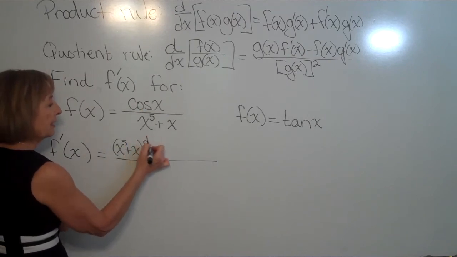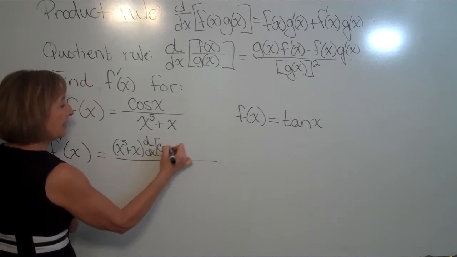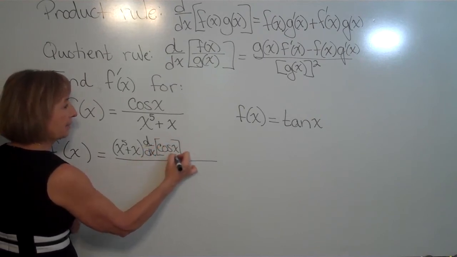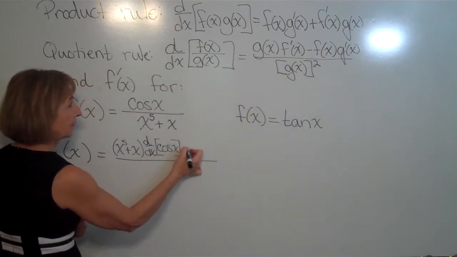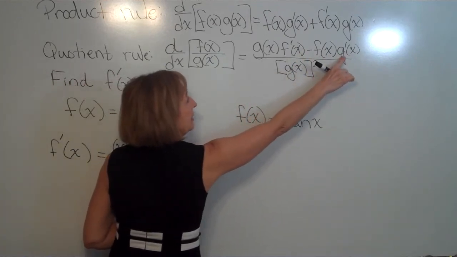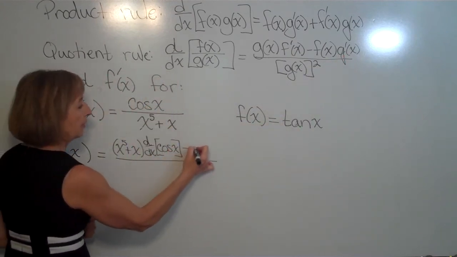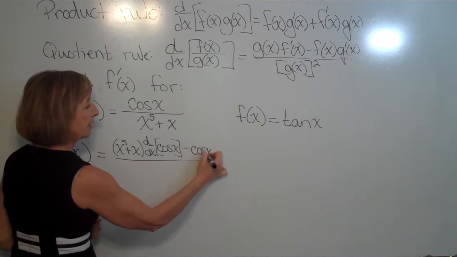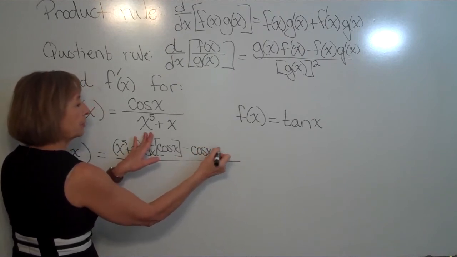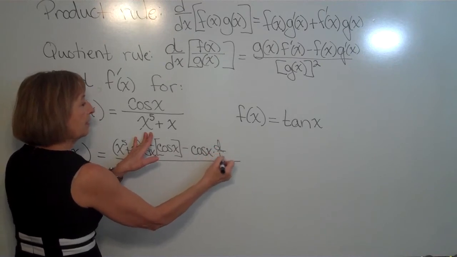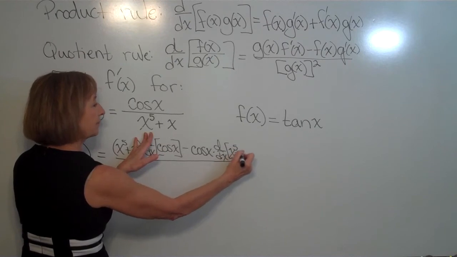So I'm just going to say I'm going to take the derivative with respect to x of cosine x, and we'll do it in the next phase. Then minus from the quotient rule, high d low. So this is going to be, the one in the numerator is just the cosine x, and that's going to be times the derivative with respect to x of x to the fifth plus x.